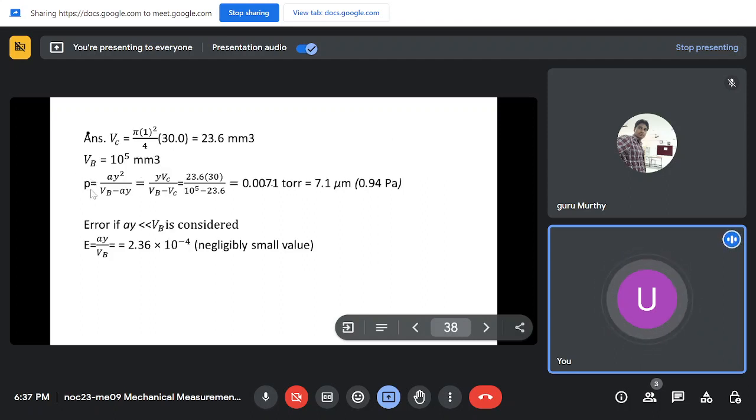Then we know the pressure relation for a McLeod gauge is P equals VC square by VB minus VC, or this can also be written as Y into capillary volume divided by VB minus VC. We substitute the values: Y is 30, VC is 23.6 mm cube, and we also know VB. On substitution we get 0.0071 torr, or 7.1 micrometer.